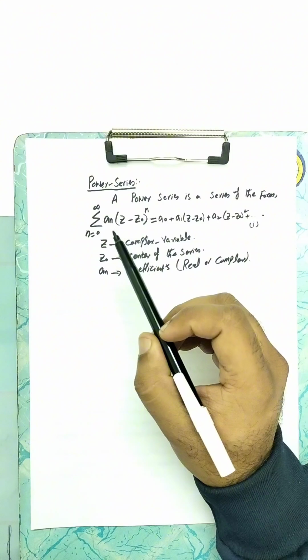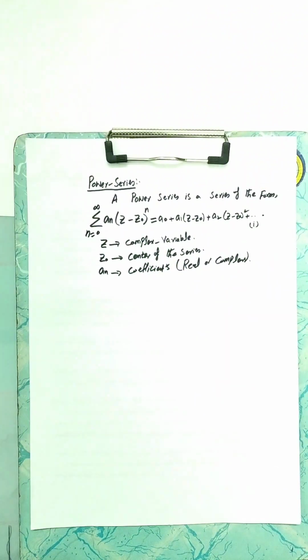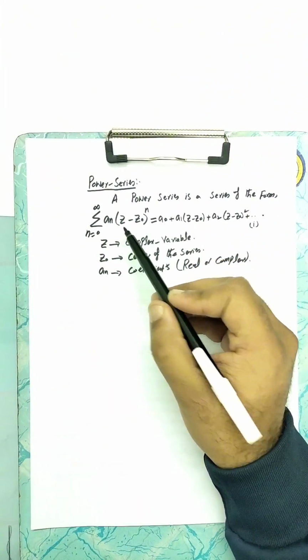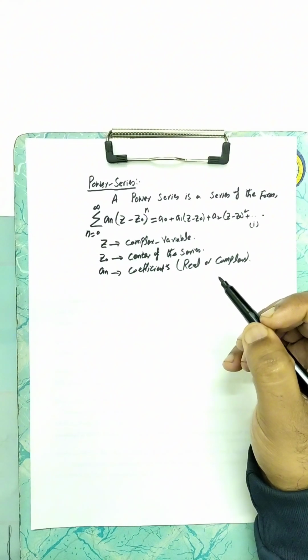So in this power series, the variable z is involved, and z is the complex variable.